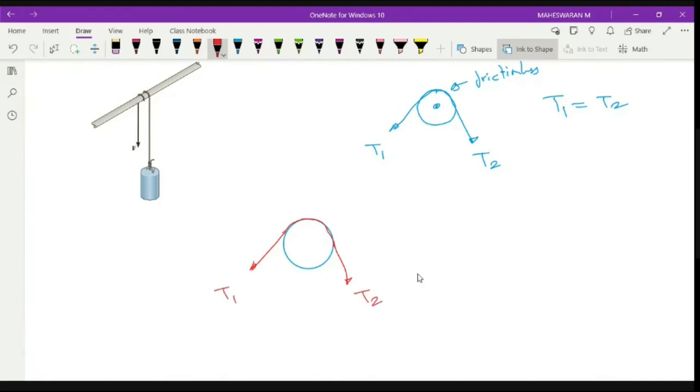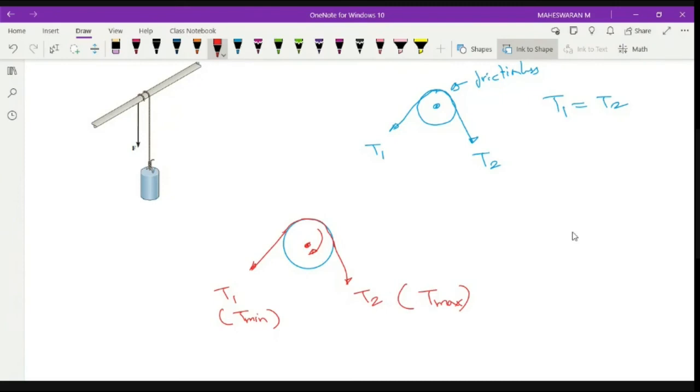Assume that your pulley is rotating clockwise. When it rotates clockwise, this T2 will be the maximum value and this is the minimum value. So in that case, there is a difference.